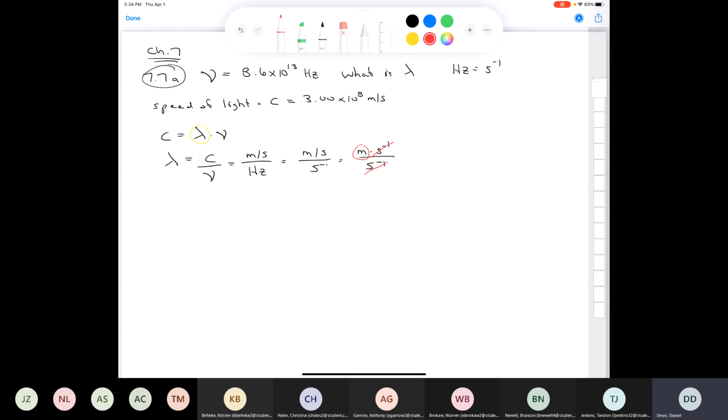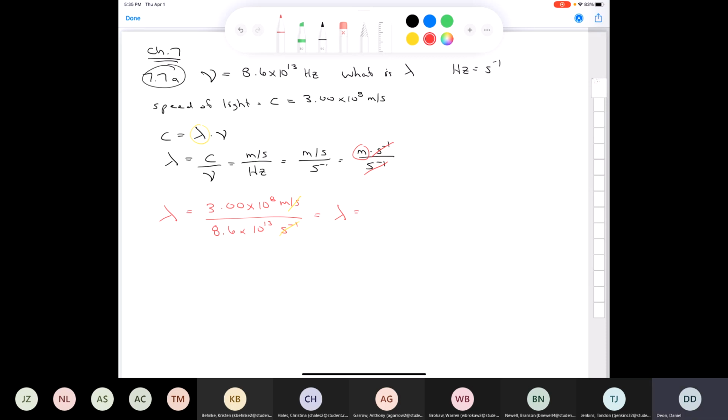And so when we plug our numbers in, our wavelength is going to be equal to 3.00 times 10 to the power of 8 meters per second divided by 8.6 times 10 to the power of 13 seconds to the -1. Again, I just showed you how these are going to cancel out, and we're going to end up with our wavelength in meters. Now I'm going to double check my math here.